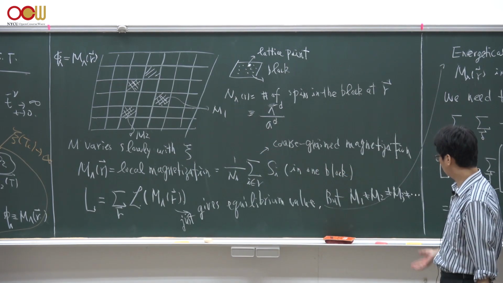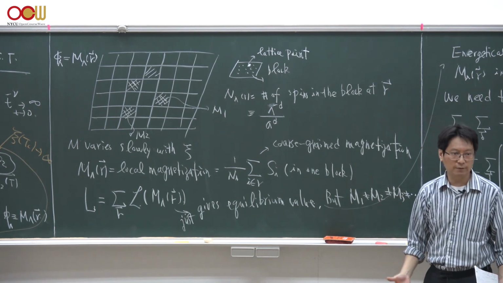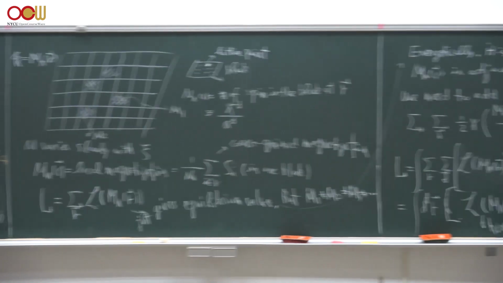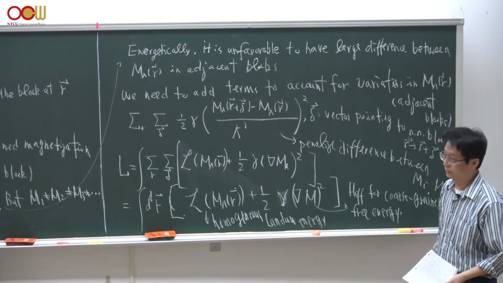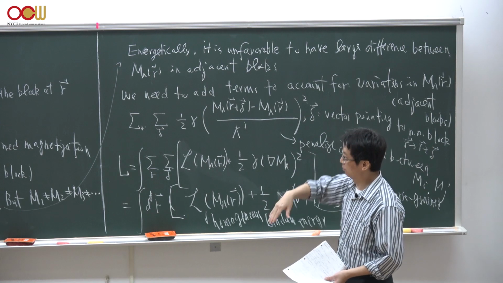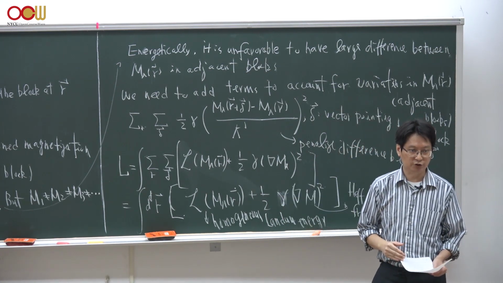But these different values M1, M2, and M3 are still there, so we know that energetically it is not favorable to have a very large difference between these M1, M2 values, because in order to get the global minima, we need to minimize the Landau free energy density.